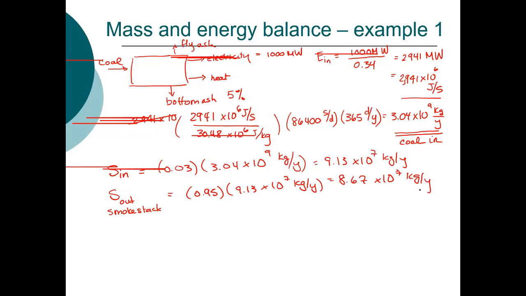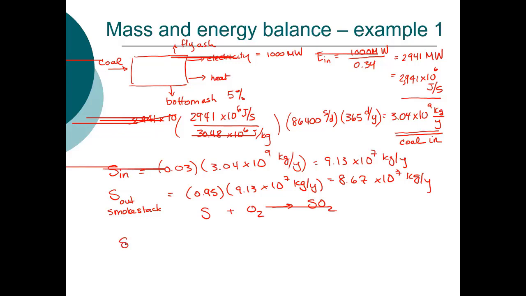You're asked for the amount of sulfur dioxide leaving. Sulfur reacts with oxygen to produce SO2. That equation is balanced. It's a 1-to-1 ratio. So for every 1 mole of sulfur, 1 mole of sulfur dioxide is formed.